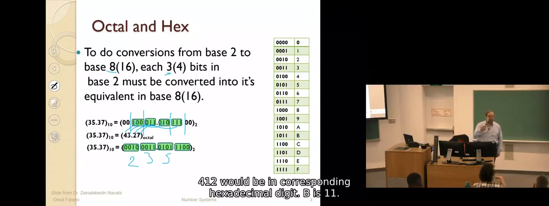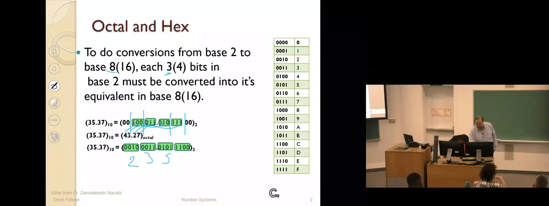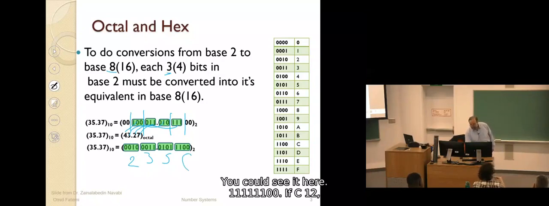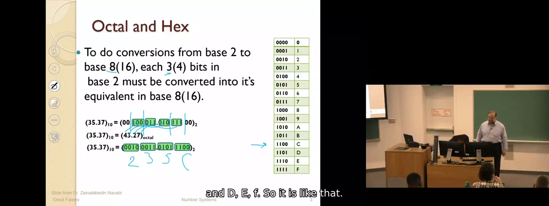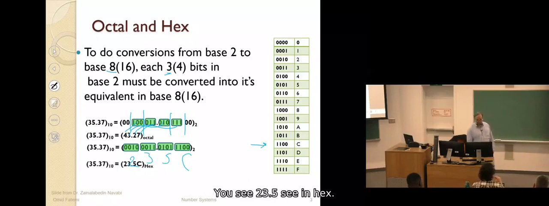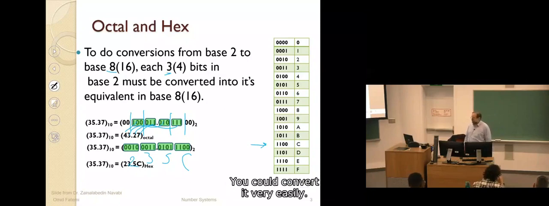B is 11, so 12 is C. You could see it here. It's C. 12 is C, B is 11, A is 10, and D, E, F. You see? 23.5C in hex. You could convert it very easily.